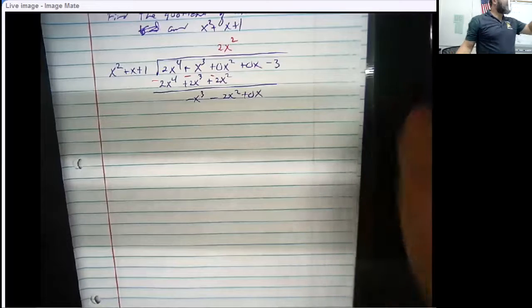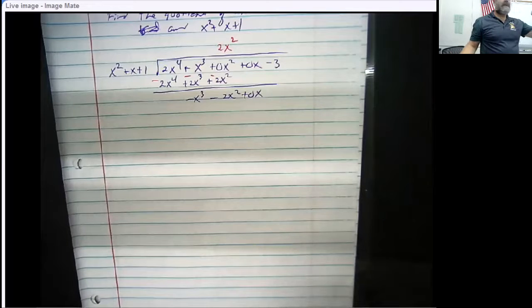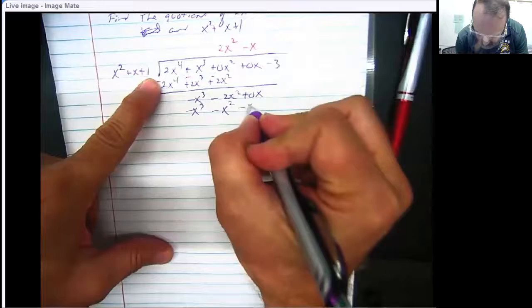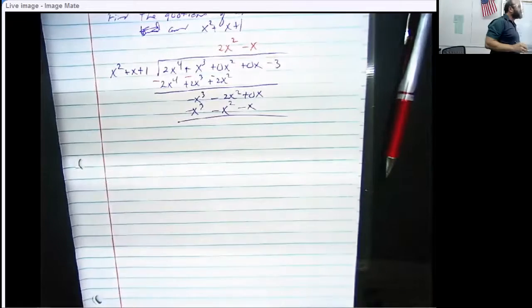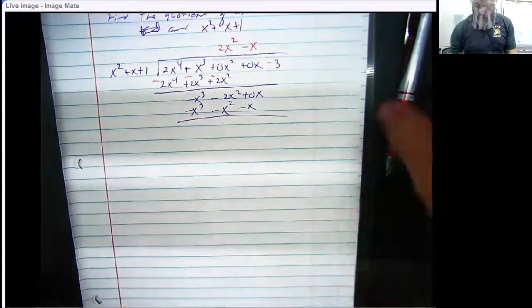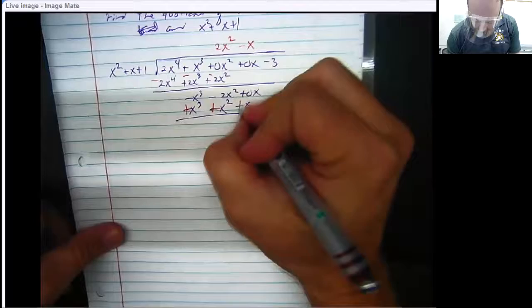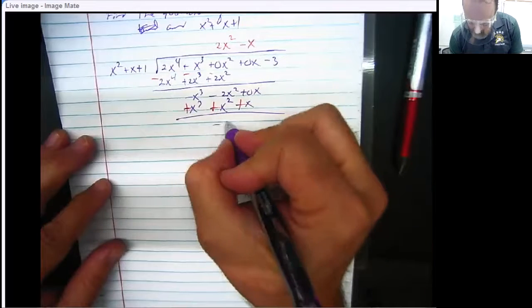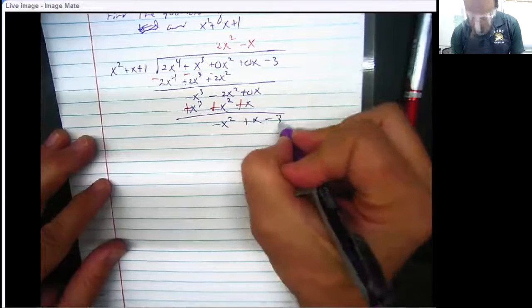You guys got the next piece, anybody? Minus x. I like it. It's going to be a minus x cubed, a minus x squared, and a minus x. And then what? Change. That's going to be a minus x squared, a plus x, and a minus 3.